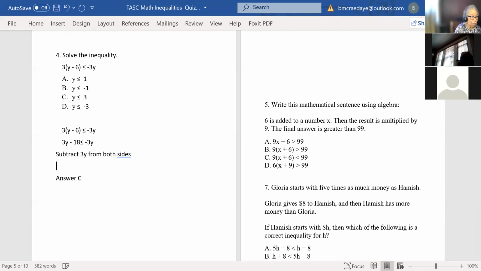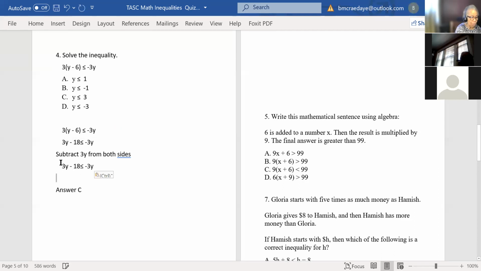And that gave you, I'll just put here, that would be a -6y on the right. So this comes out, you just have the -18, and this would be what, -6y? Yes.